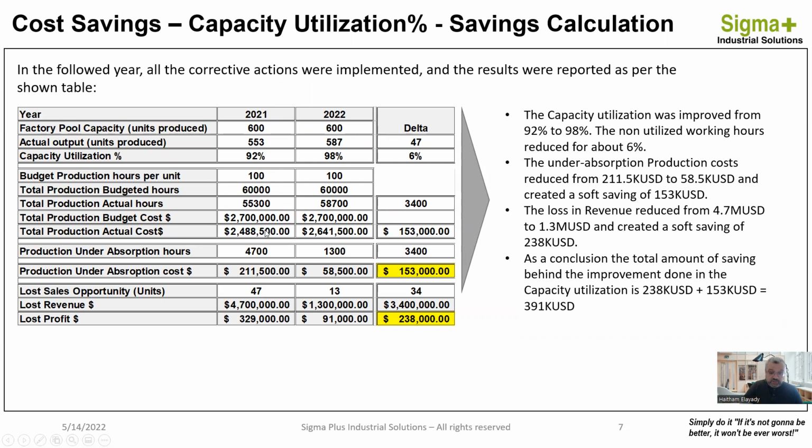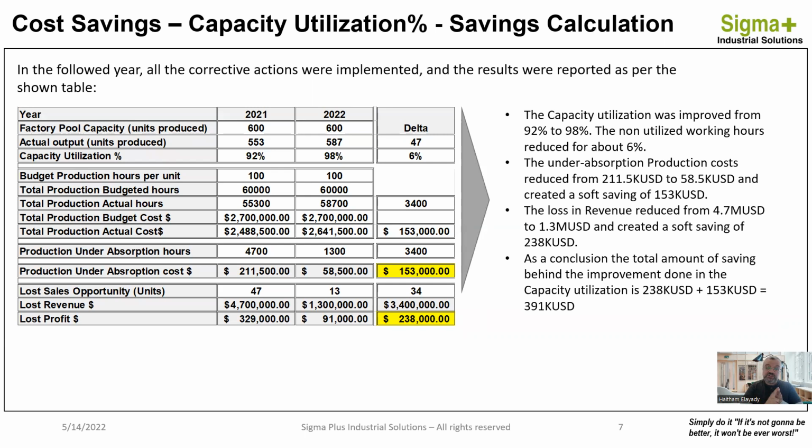The production actually cost jumped from 2.4 million to 2.6 million to produce the 587 units, and you have created a soft saving of $153,000. Okay, so this is the first portion of your calculation.